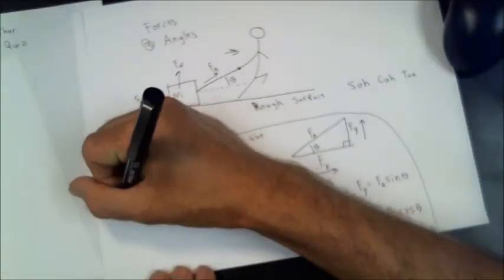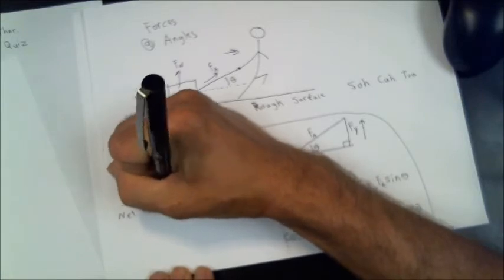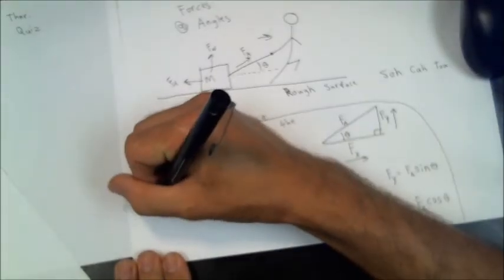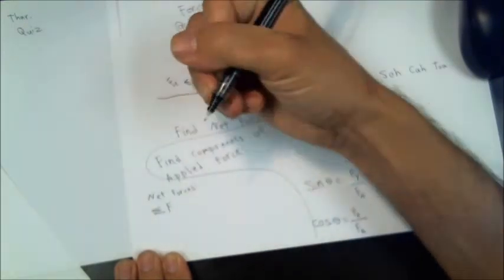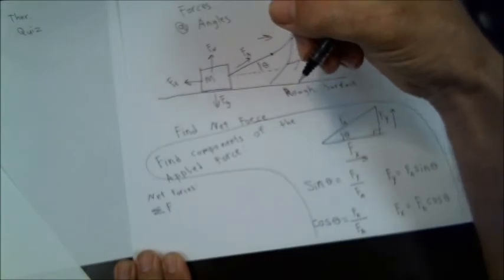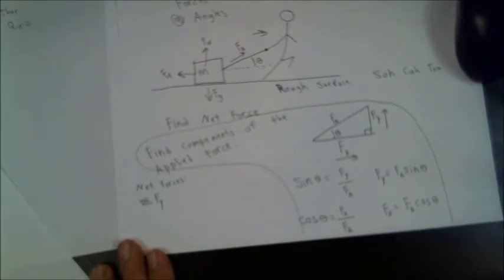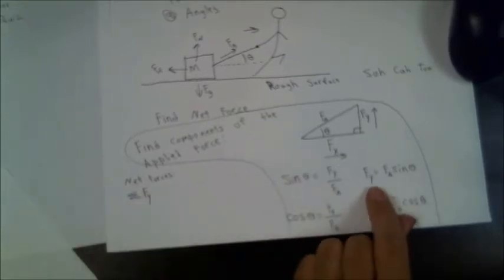Now I'm going to go back and do the net forces. Let's do the vertical ones first. The sum of the forces in the y direction. I realize you're probably going to dislike that I write sum of forces in the y direction like this, and then here we have a component F_y.